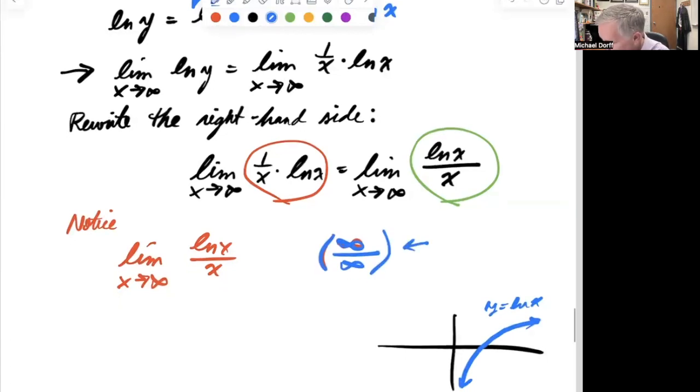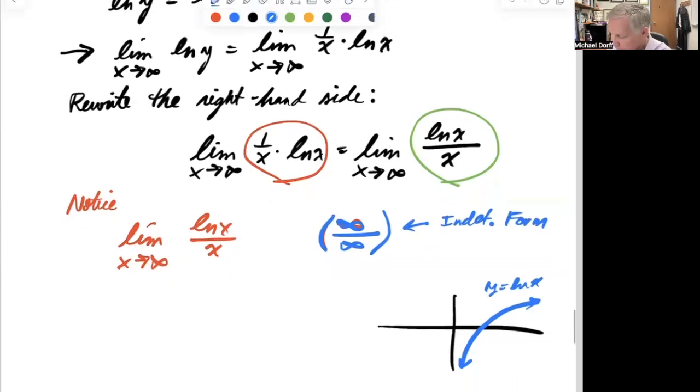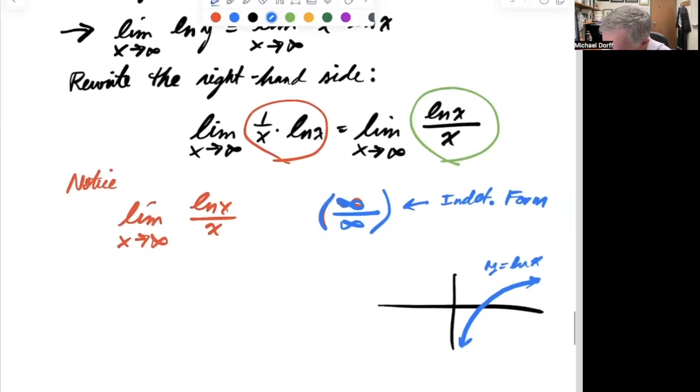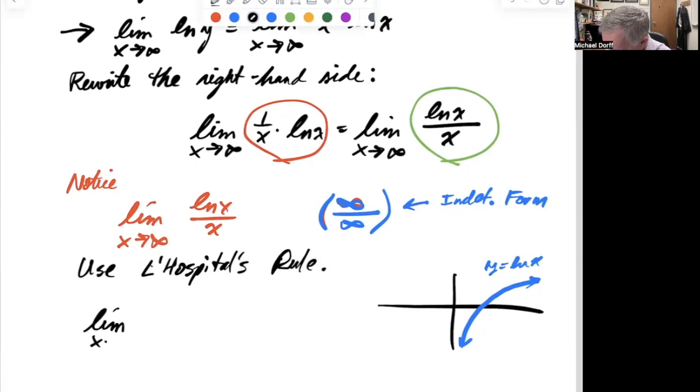So it's an indeterminate form of 0 over 0 or infinity over infinity. So that works really well. So we can use L'Hopital's rule.